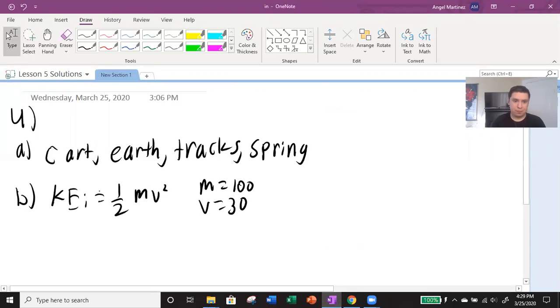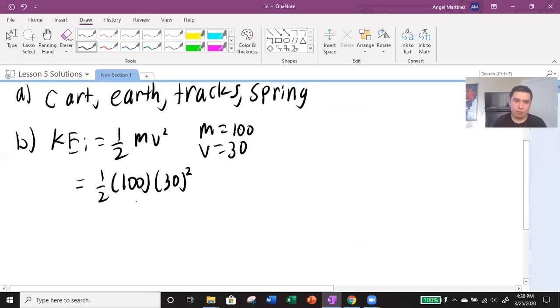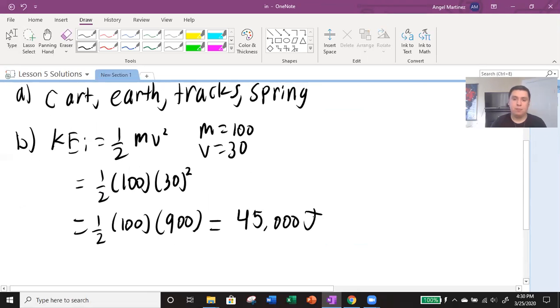So KEI equals 1/2 times 100 times 30 squared. 30 squared is 900. If you do that, you should get 45,000 joules. 100 times 900 is 90,000 divided by 2, 45,000. Okay, so that's the initial kinetic energy.